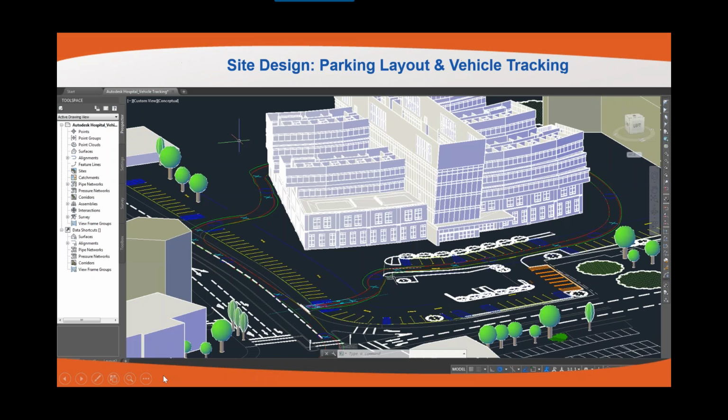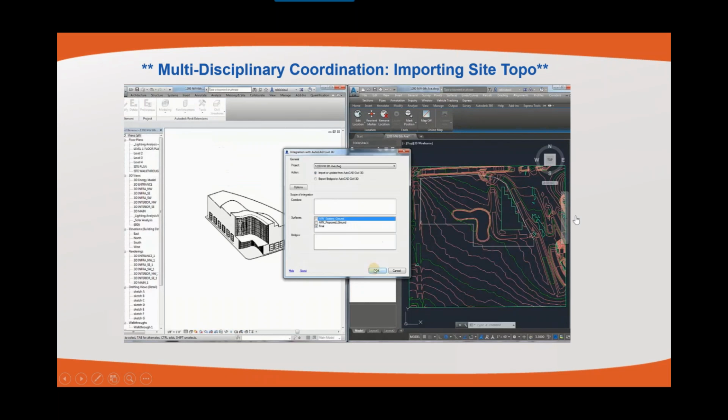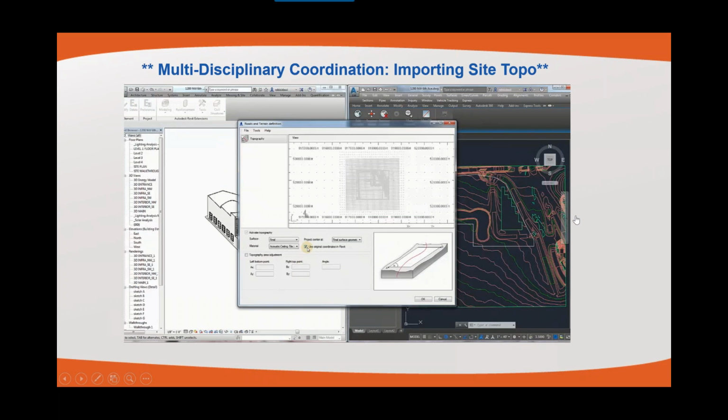Next, let's take a look at how this all starts to come together within parking layouts. So over here, we have the ability to use parking layouts very simply put. We also have the ability to import site topo information back from the architect's model into civil and vice versa.